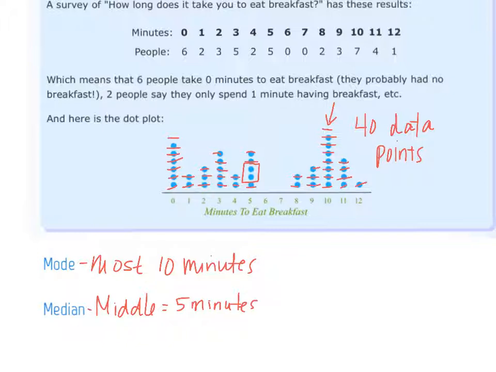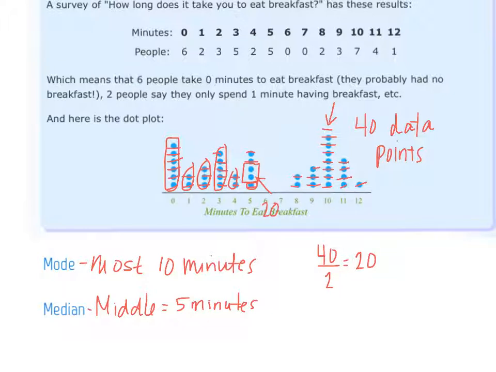Or you can say that I know that I have 40 data points, so the middle has to be 40 divided by 2, and that gives us 20. And so if you count up 20 points, you'll find out that this is your 20th data point.